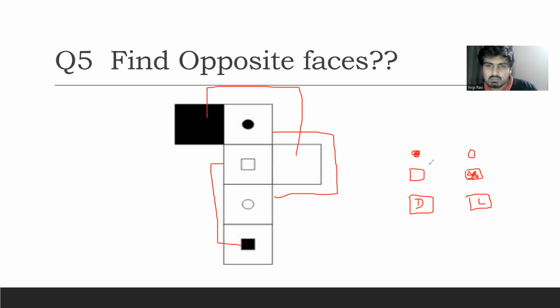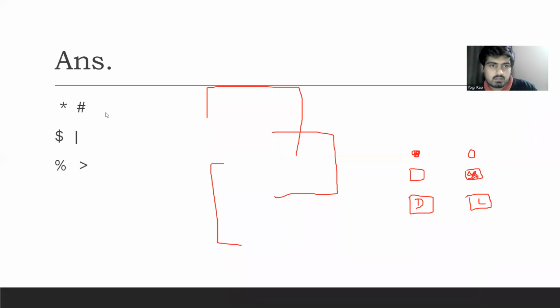So let's check. So our answer is correct. Dark is opposite of white and black is opposite of white. Right.